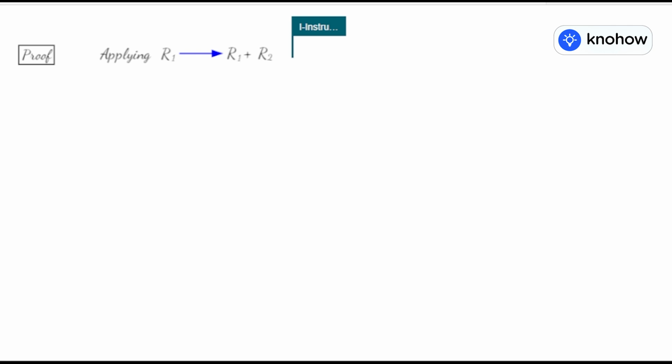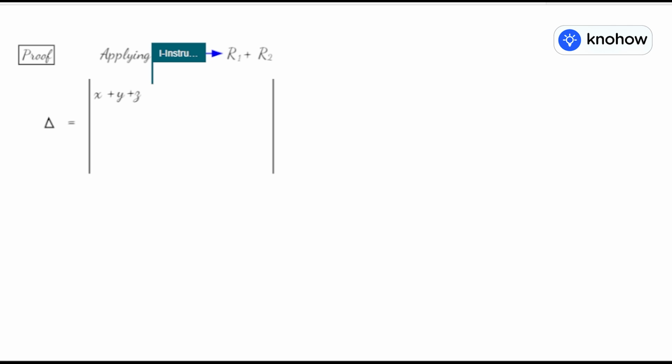So R1 plus R2, what do you get? And of course delta continues to equal, because if to any one row, say R1, you add the corresponding elements of R2, it does not matter. So what do you get? x plus y plus z, y plus z plus x, and z plus x plus y. All the three are x plus y plus z actually, keeping the other two rows the same, z, x, y, 1, 1, 1.